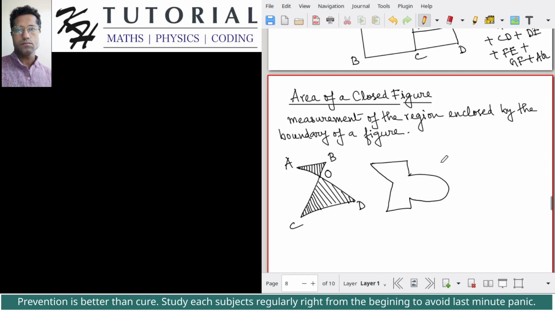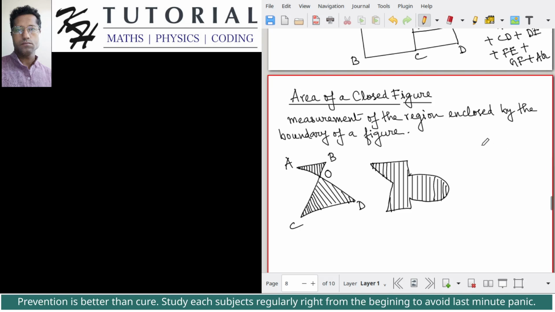As you can easily understand, this is a closed figure, but this is not a rectilinear figure because there is a curved part. This figure is not made up of only line segments. So the shaded part is the region enclosed by the boundary of this figure. To find the area of a given figure, you must clearly understand what is the region enclosed by the closed figure.